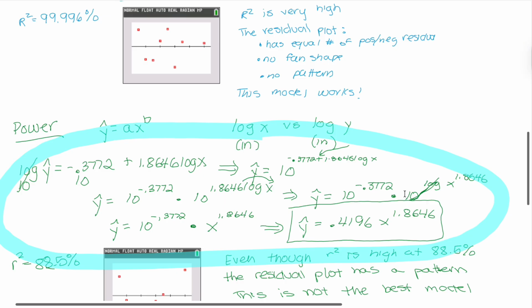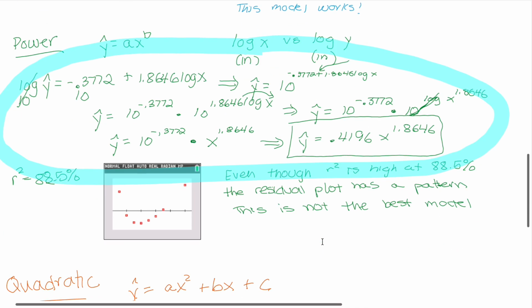Therefore, we can cancel 10 and log. So then we will leave the answer as this function. And 10 to the negative 0.3772, we can actually get the value from our calculator as 0.4196 times x to this value. Therefore, this is our final equation for using the power way.